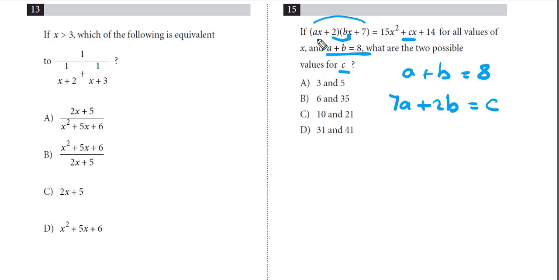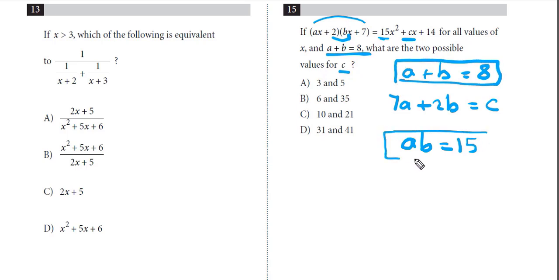But here, if you look for a times b, the coefficient of x squared, this is 15. Then you have ab is equal to 15. And you have the first equation here, a plus b is 8, and a times b equals 15. If you choose any two numbers to satisfy these equations, like 3 plus 5 is equal to 8, or 5 plus 3, then you have two solutions.